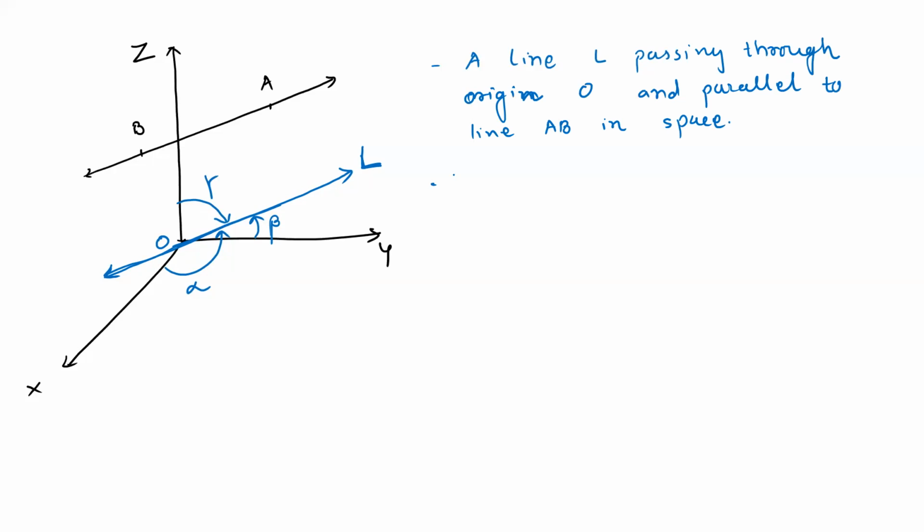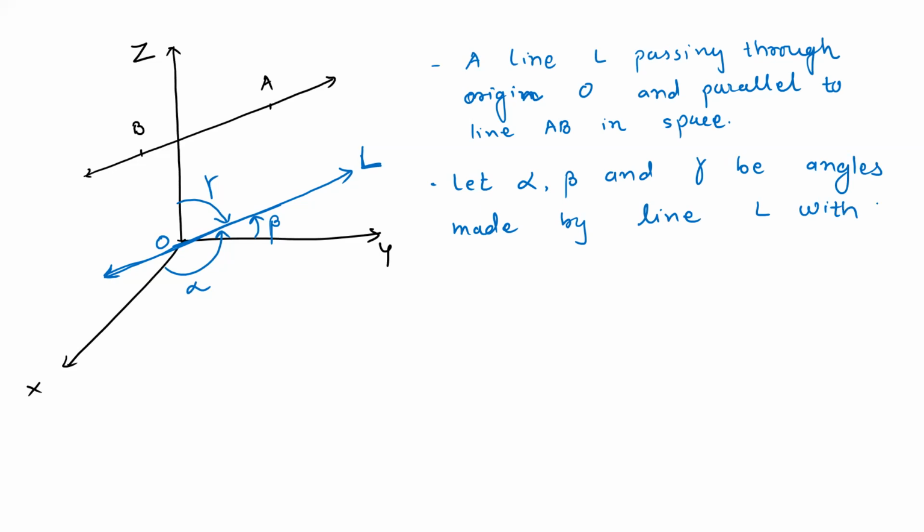Let alpha, beta, and gamma be the angles made by line L, which we already wrote in the diagram, and let alpha, beta, and gamma be the angles made by the line with X, Y, and Z respectively.